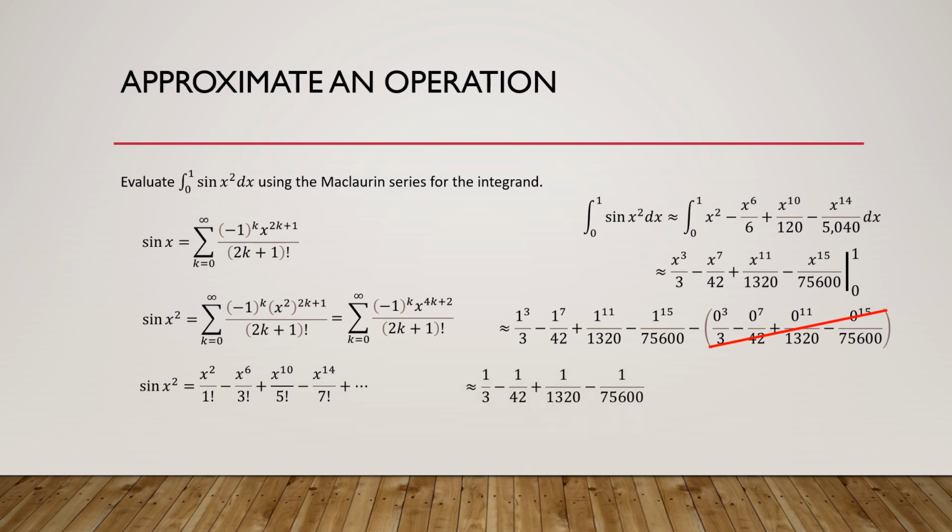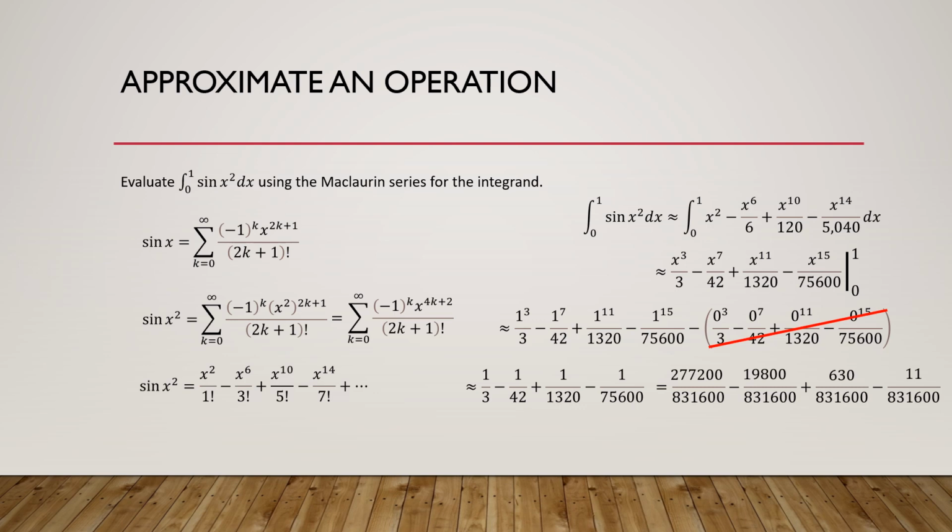This gives us 1/3 minus 1 over 42 plus 1 over 1320 minus 1 over 75,600. We then calculate the least common denominator to be 831,600. Applying this to each term, we get 277,200 minus 19,800 plus 630 minus 11 all over this denominator.